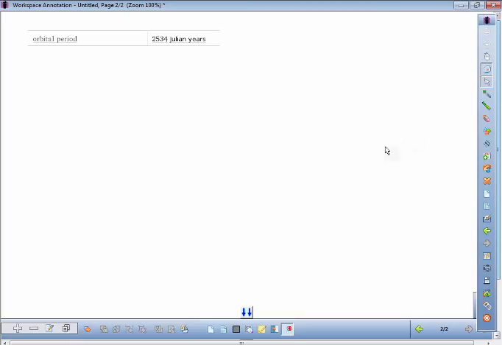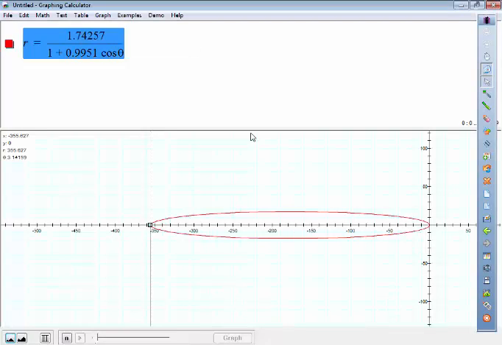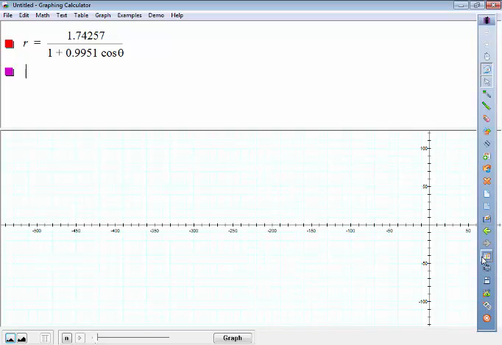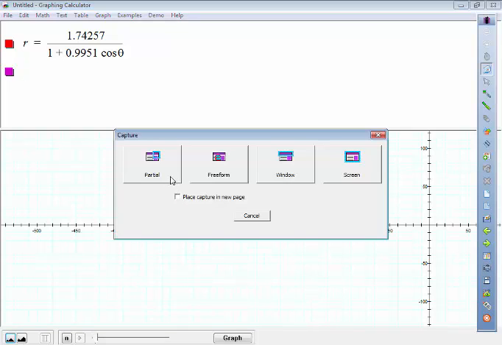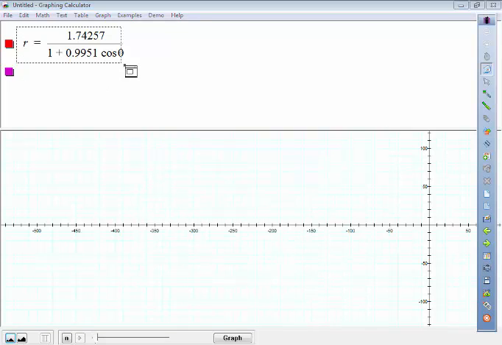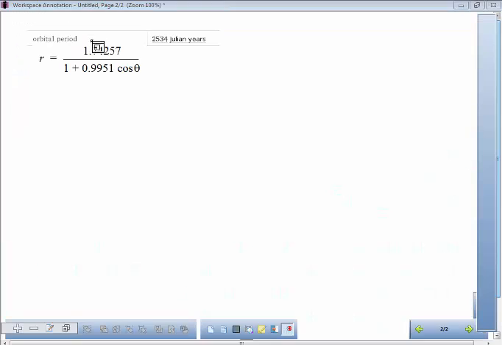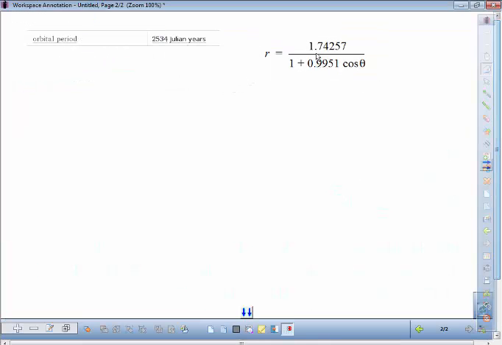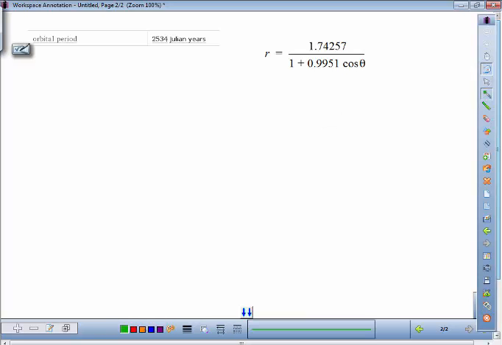And our function, let's take a snapshot of our function. And our graph, let's just draw our graph instead of trying to take a picture of the actual graph.